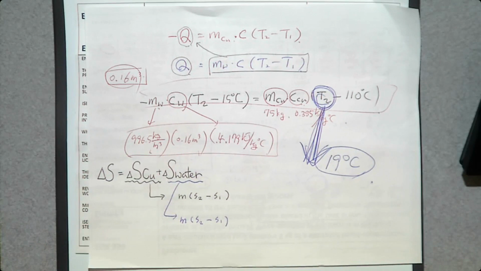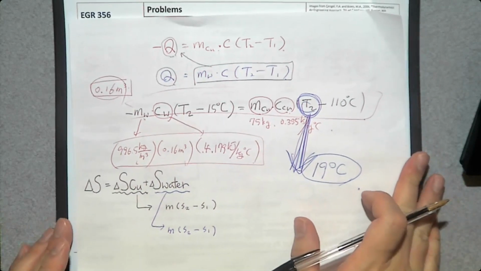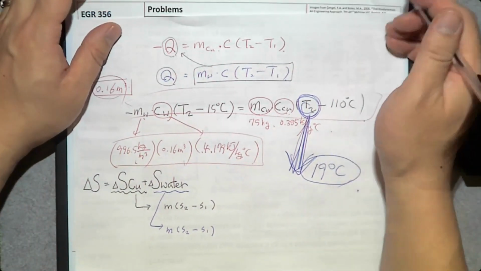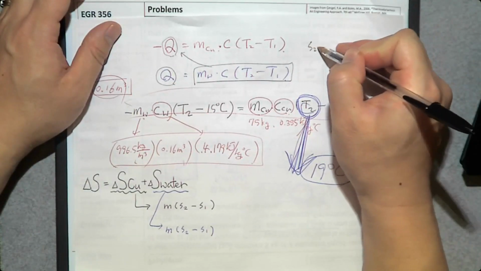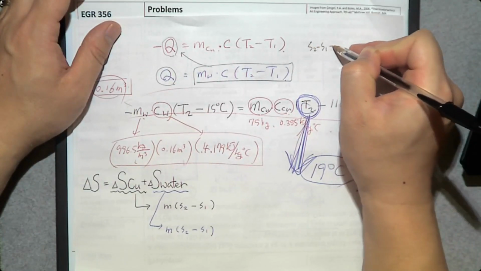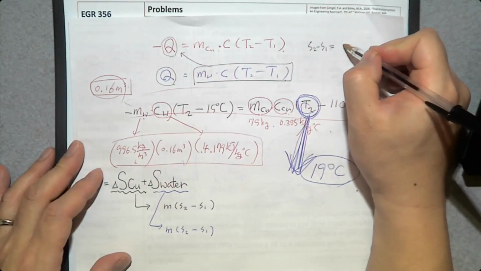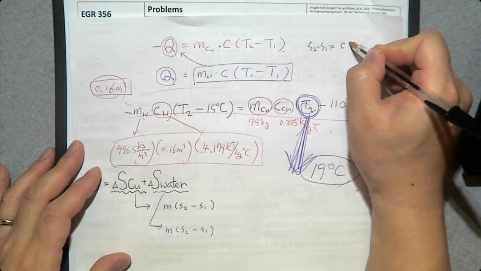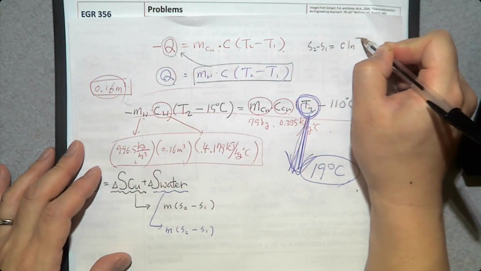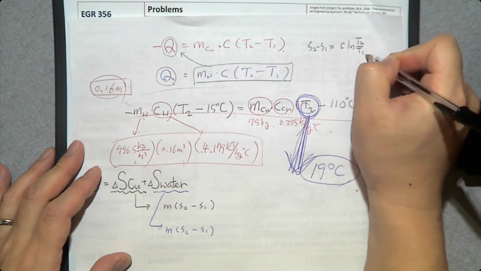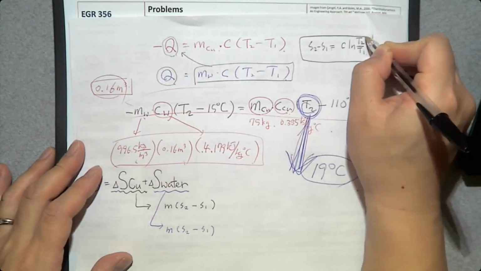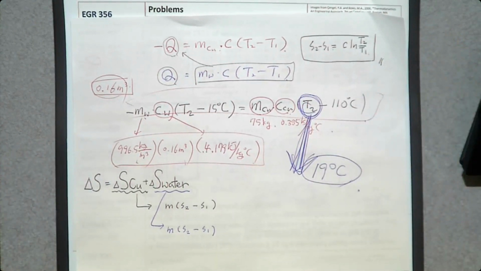And from the TdS relation that we studied last week, we know S2 minus S1 for solid or for liquid we can calculate by specific heat times natural log T2 over T1. So that's how we can calculate the change in specific entropy.